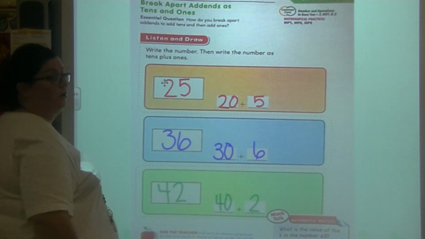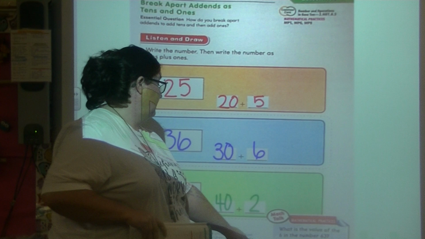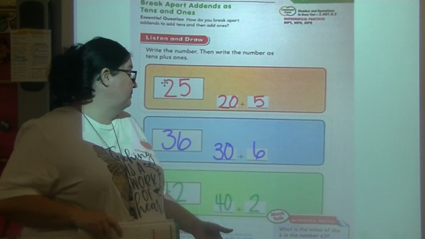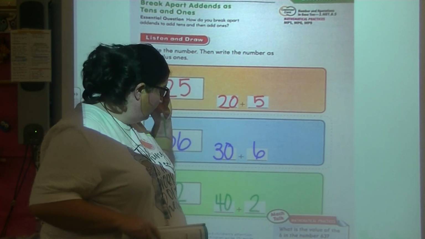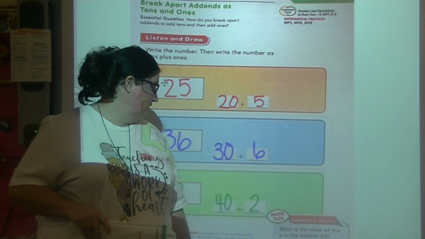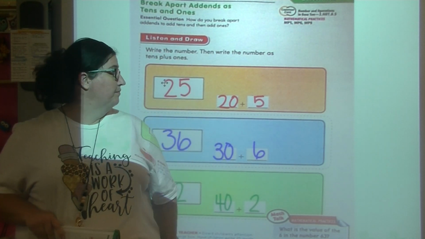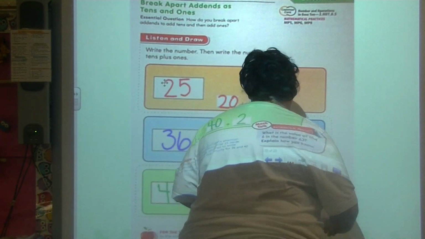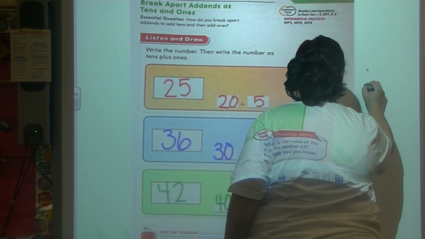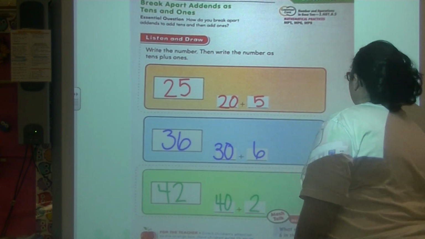Now math talk. Down at the bottom, it says, what is the value of the 6 in 36? Explain how you know. So if we have the number 63, what is that 6 worth? When we have 63, what is this 6 worth, guys?